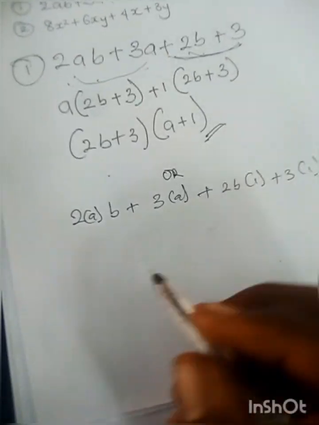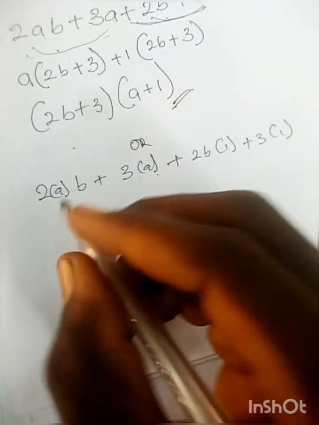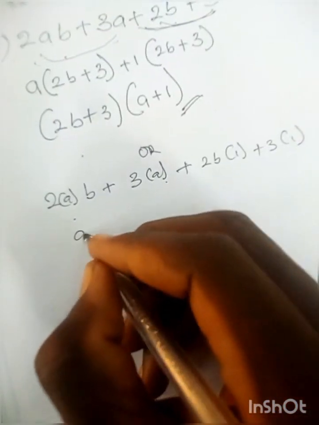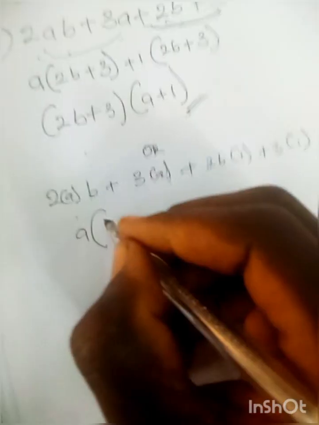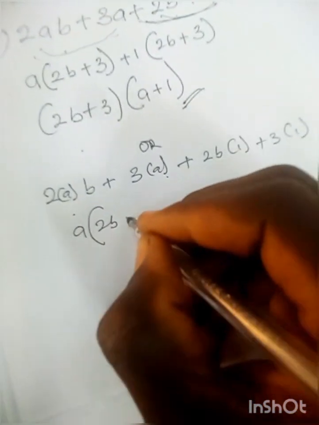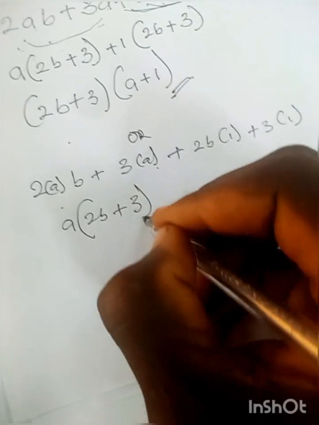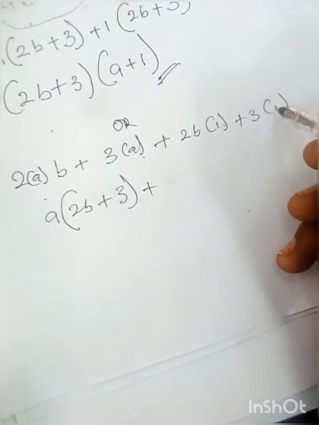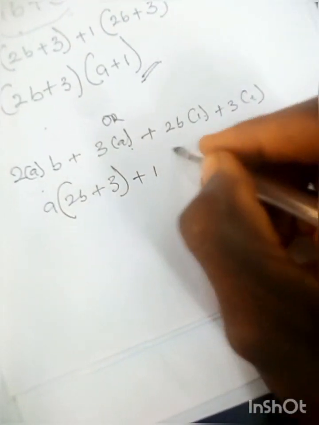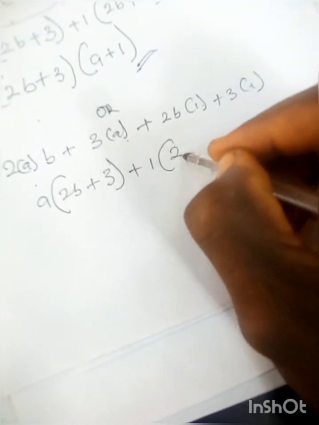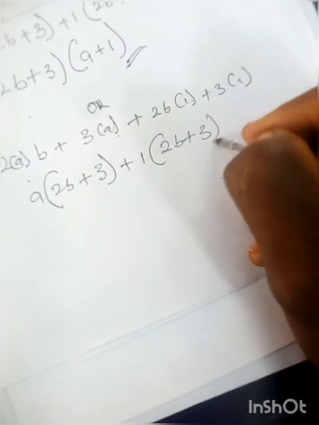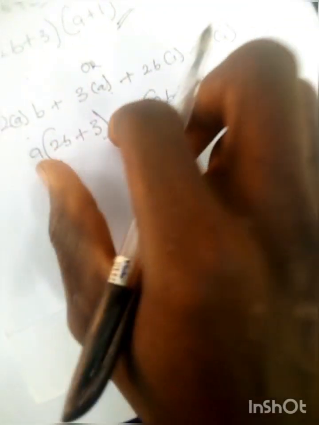So if we do that, this a that is common in the brackets, we bring it out and open the big bracket. This 2b will go inside the bracket now, plus 3, then plus 1 is common here, you bring out the 1, then this one that is outside goes into the bracket. So now what is common? This bracket and this bracket are common.